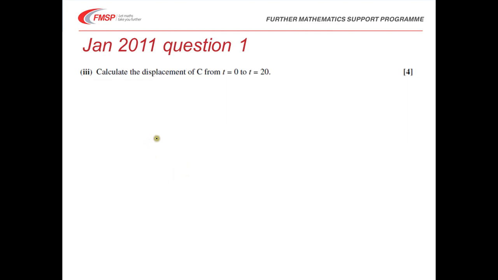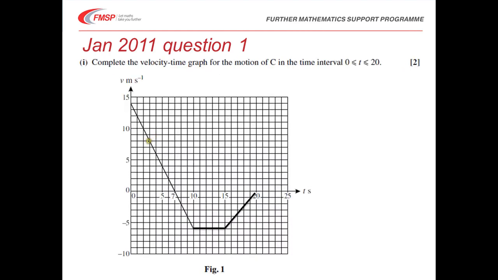Moving on to the final part of the question, we have to calculate the displacement of the object from t equals 0 to t equals 20. So let's have a think about the graph again. Displacement is given by the area underneath the graph, but we need to think about the two parts of the motion separately.